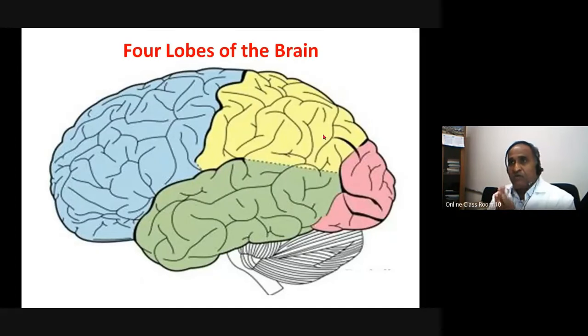Now today we see the various areas of the brain, because we often come across these areas as we discussed in the nervous system. Here I have made 4 colors on the cerebral hemisphere: the blue, yellow, green, and pink.